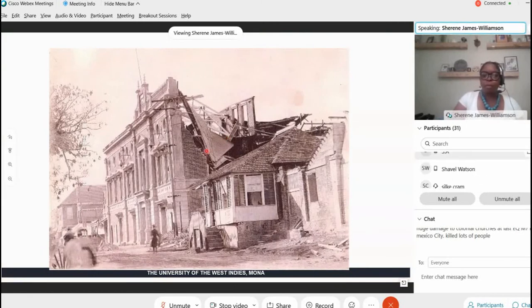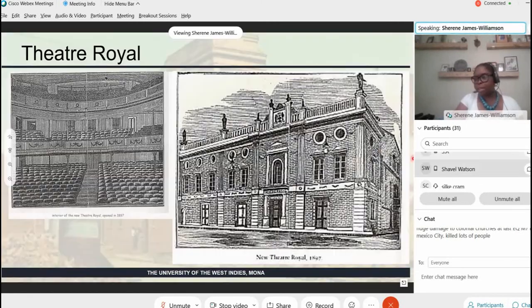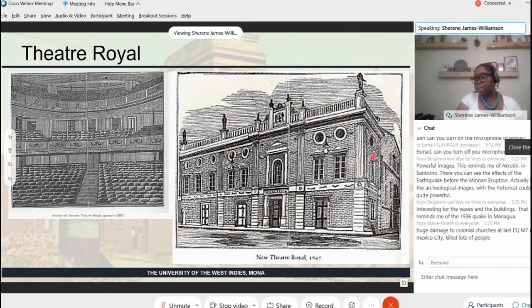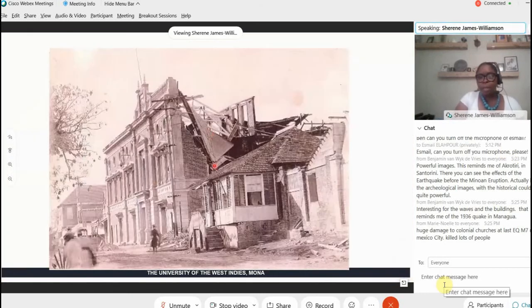Now, if I go back here, you will see the artist rendering, you can see that there are basically two buildings, right? So these two edifices have been joined together, and that is where they separated. And it would appear, if you look in this picture, some of the statues from this side no longer exist.